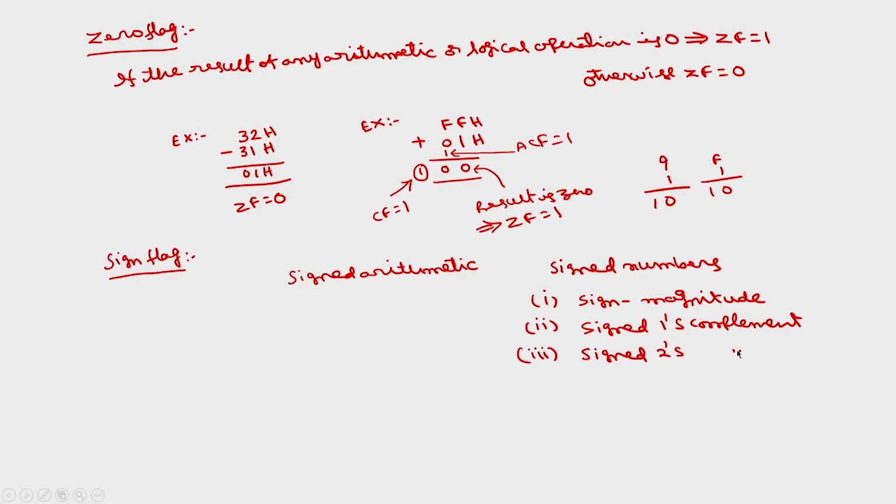But in 8086, the signed twos complement form will be used, because there are some advantages of the signed twos complement representation. If you add a group of numbers, and the final result is within the limit, then you can neglect intermediate overflows.